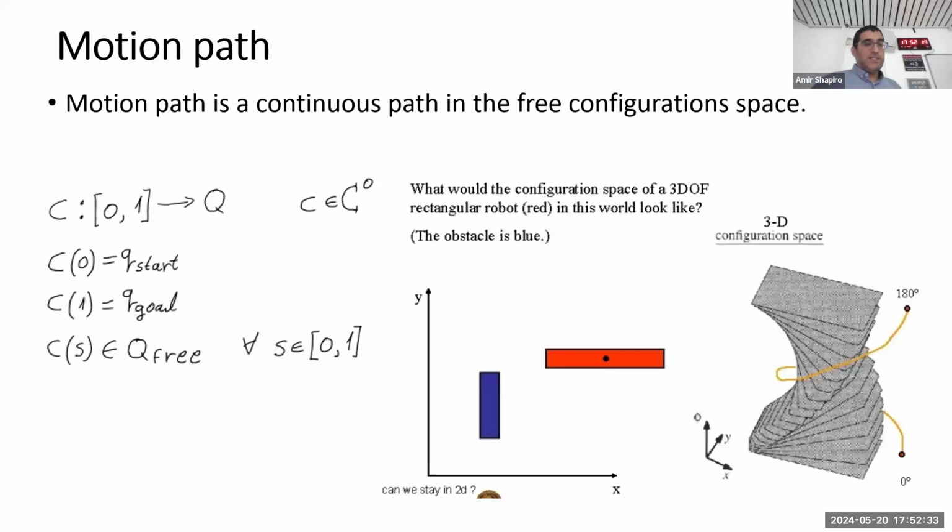So you can see here that a motion path is a continuous path in the free configuration space.